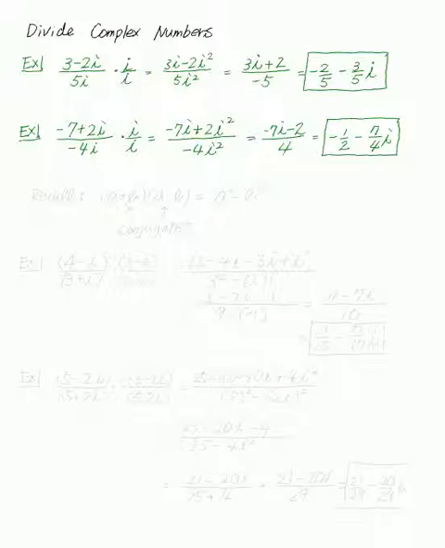Now we're going to do a different type of problem, and I'd like to recall a rule. You've seen this rule many times before. This is called a difference of two squares. If I had a plus b times a minus b, if I FOIL that out, I end up with just a squared minus b squared.